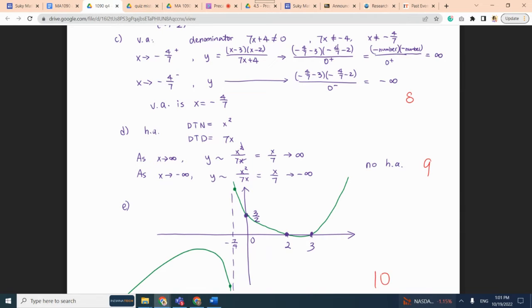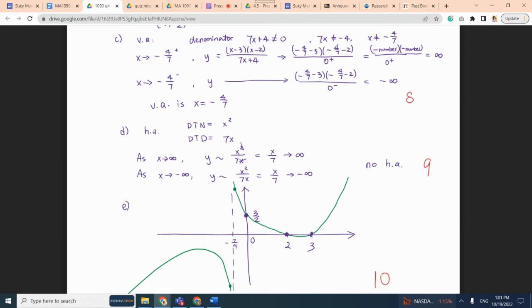Okay, I told you many times, so you don't need to put a lot of bars. Don't need to do that. Okay, you just plot the important points, but label them. So the important points are 2, 3, and 3 half. Okay, and this is minus 4 over 7. Label them. You don't need to put a lot of bar here. Okay, everybody? Do you hear that?